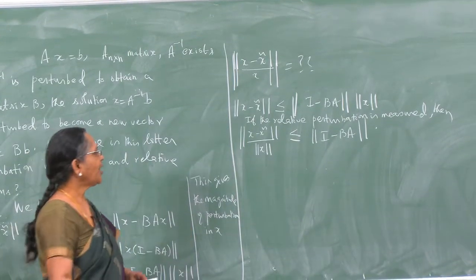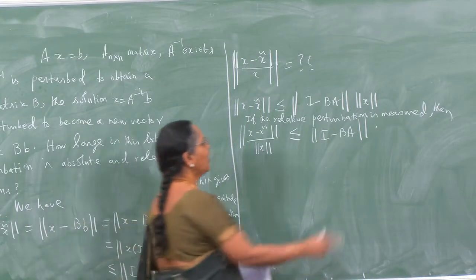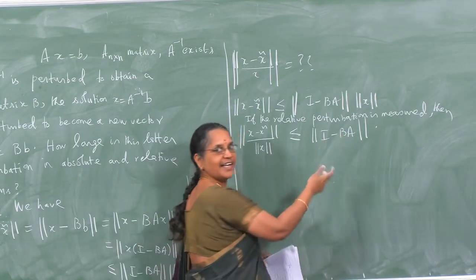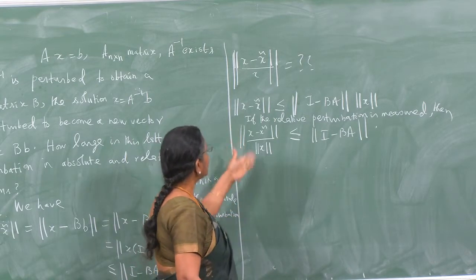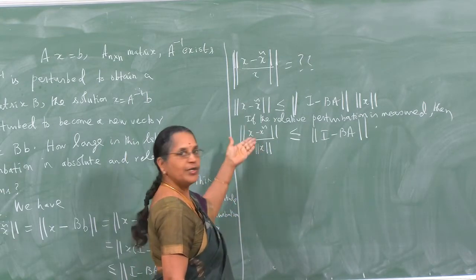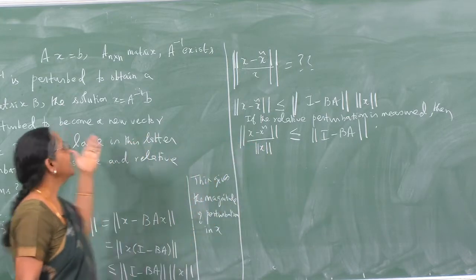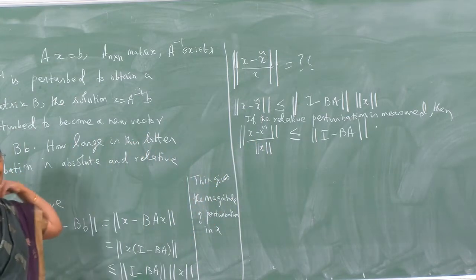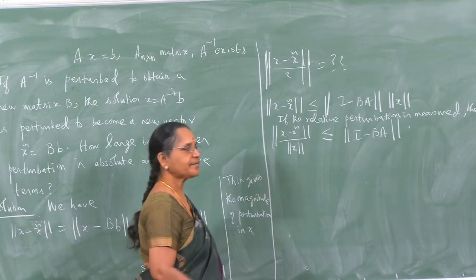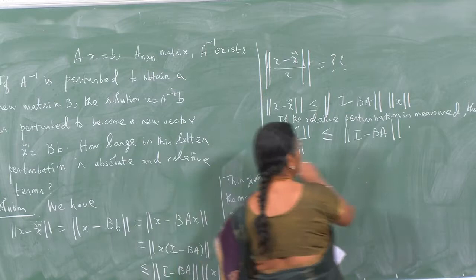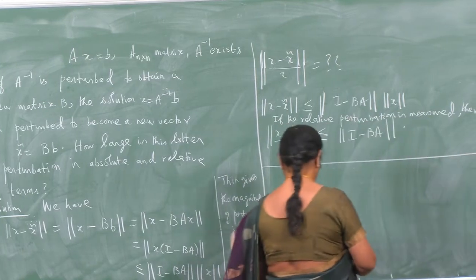So, we can appropriately choose the norm of the matrix that appears here and then give the relative error due to the perturbation given in A inverse, which results in perturbation in the actual solution. So, these are very useful results.